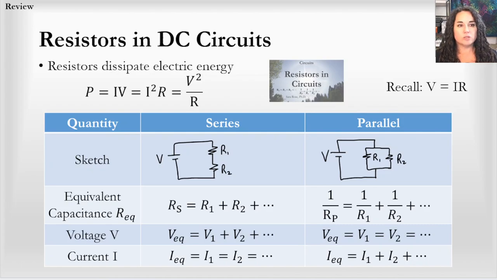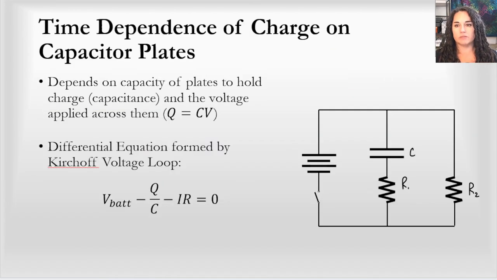What we're going to do is look at the time dependence of a capacitor in a circuit. From previous lessons, we know that the capacitor takes time to charge up. Because of that, we can look at a circuit at different periods of time in that charging up time, or conversely during a discharging time, right?